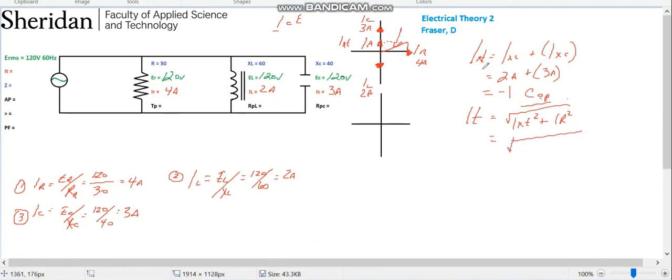Right? That's that number there. So 1 squared plus my IR, which is 4 squared. If you do that, you end up with 4.12 amps, and that's your IT.